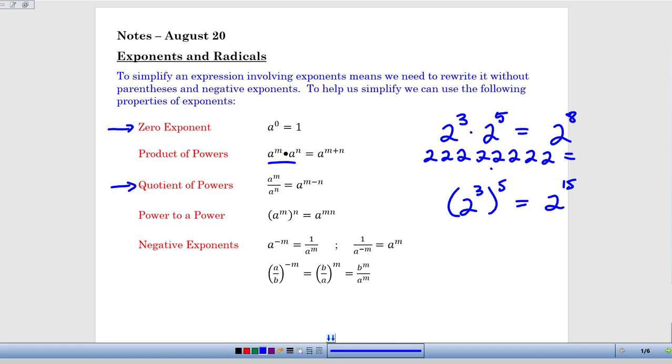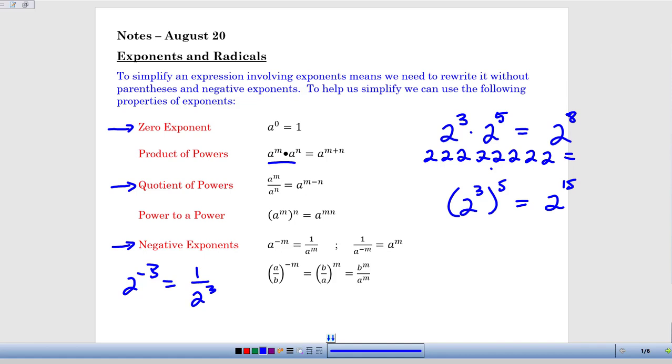And then the last idea on the page here is negative exponents. The best way to think of a negative exponent is that that number is in the wrong place. So if we have a negative exponent in the numerator, then that exponent turns into a positive if we move that number to the denominator. For example, if we have 2 to the negative 3rd, I can rewrite that as 1 over 2 to the positive 3rd.